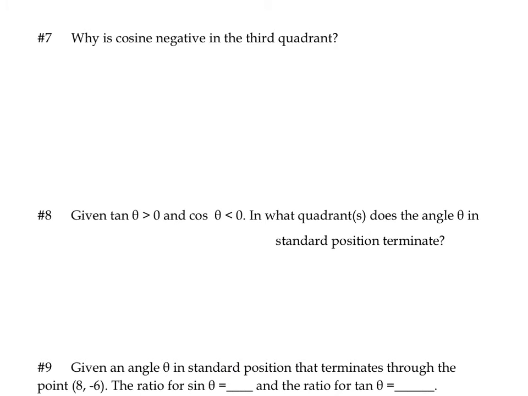Number 7, why is cosine negative in the third quadrant? So the couple things that were key here was cosine is x over r, the ratio of x divided by r. In quadrant 3, x is negative.